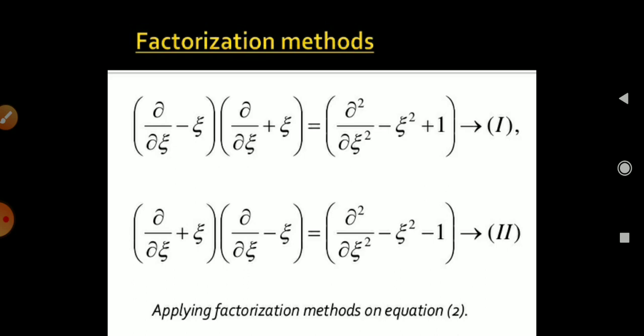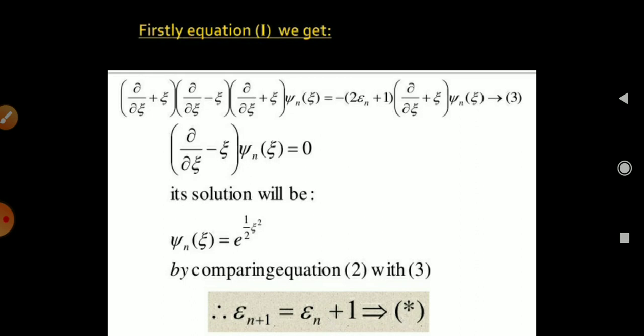Now applying this factorization method on equation 2, what will we get? We will get (del by del epsilon plus epsilon)(del by del epsilon minus epsilon)(del by del epsilon plus epsilon) psi n(epsilon) equals minus 2 (epsilon n plus 1)(del by del epsilon plus epsilon) psi n(epsilon). This will be equation 3. Now from this equation, (del by del epsilon minus epsilon) psi n(epsilon) equals 0.